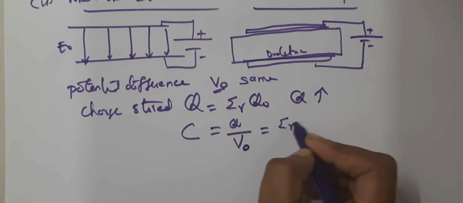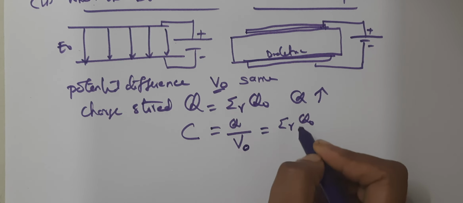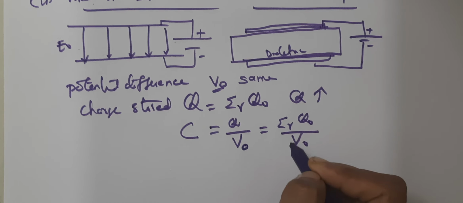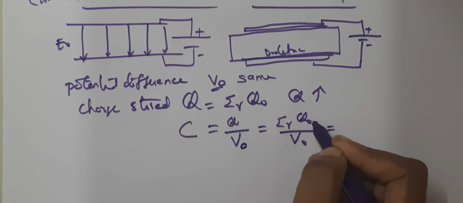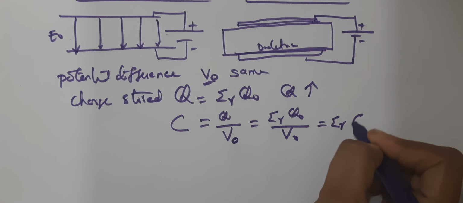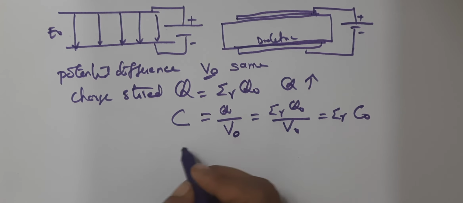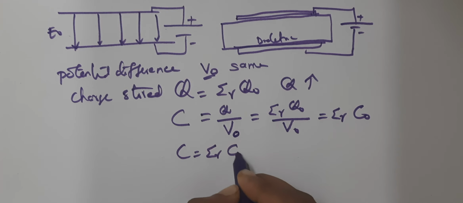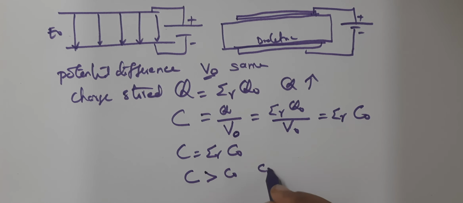Q equal to epsilon R Q0, so Q0 by V0 gives epsilon R into C0. So C is equal to epsilon R C0. So C also increases. C is greater than C0 because epsilon R is greater than 1.